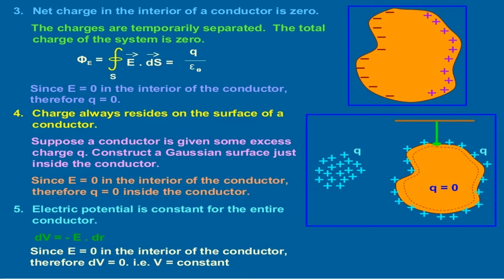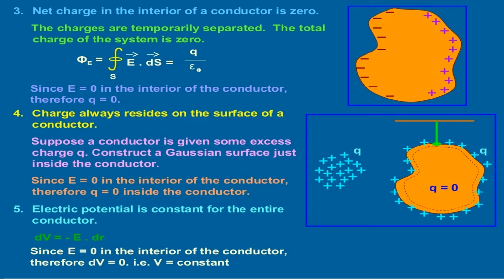Number 5. The electric potential is always constant for the entire conductor. On the surface of the conductor, there is no electric field component along the surface. Therefore, no work is done in moving a charge on the surface of the conductor.